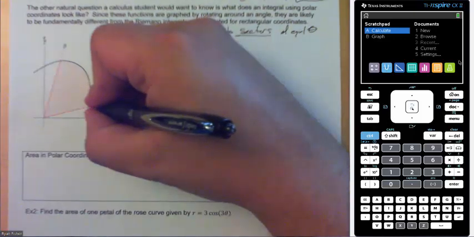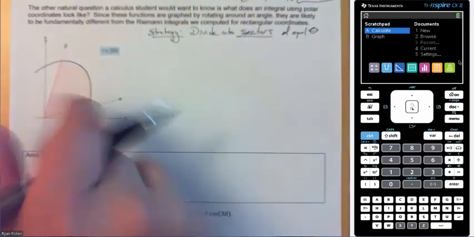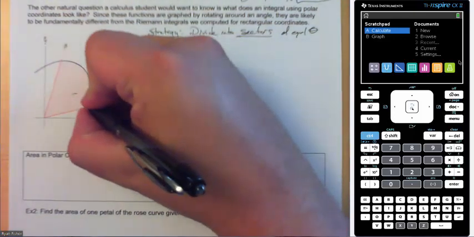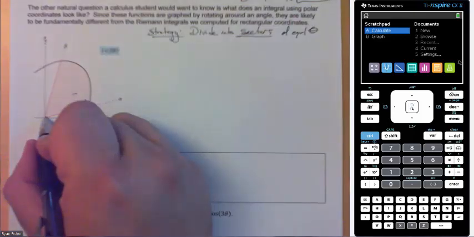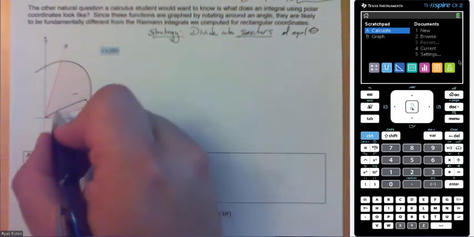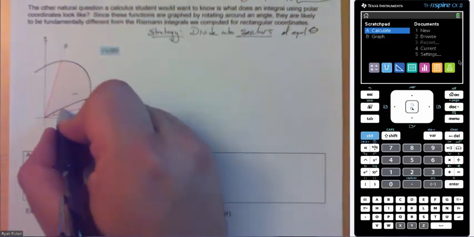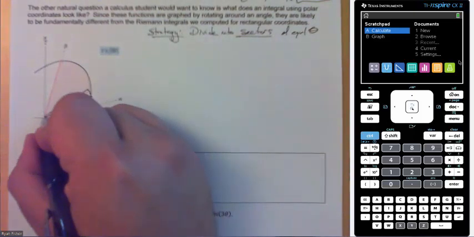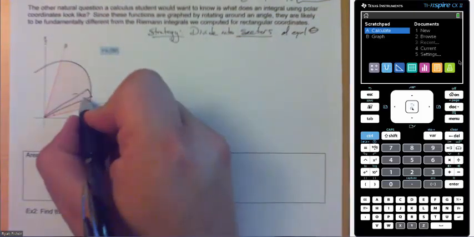So maybe a picture might look something like this. How about I start with this radius that corresponds with alpha, and I rotate a little bit, and then I walk out, and I find this area. Then I find the value of the function at that angle, and this time I rotate at that radius, and now I have another sliver.